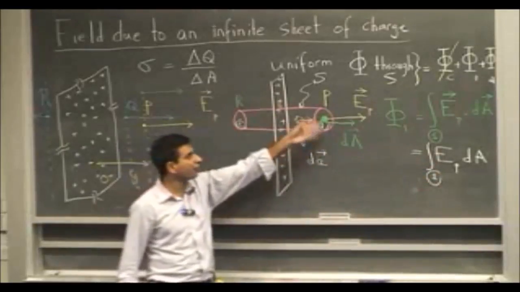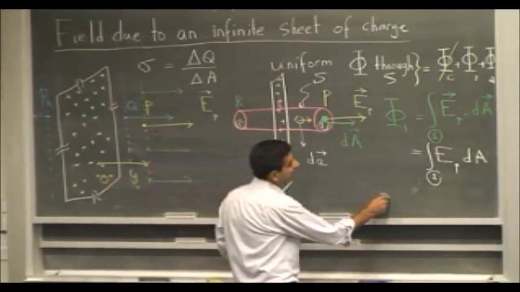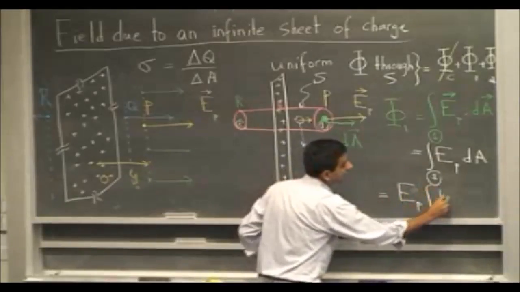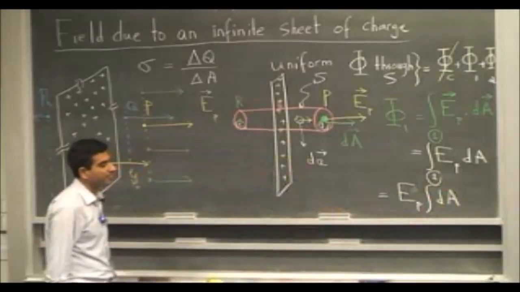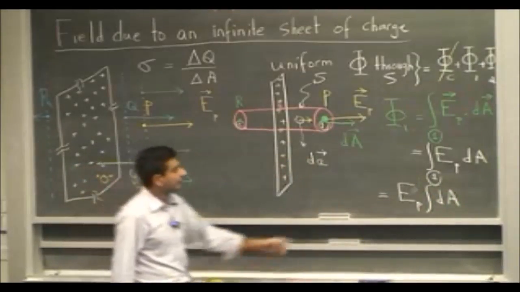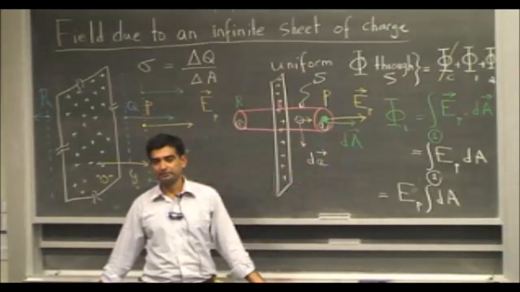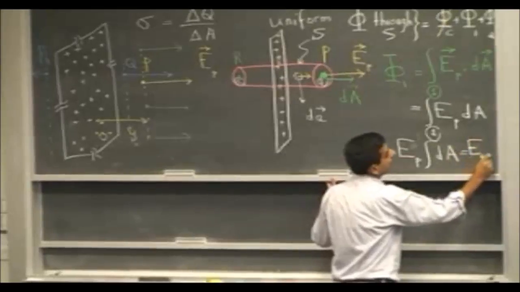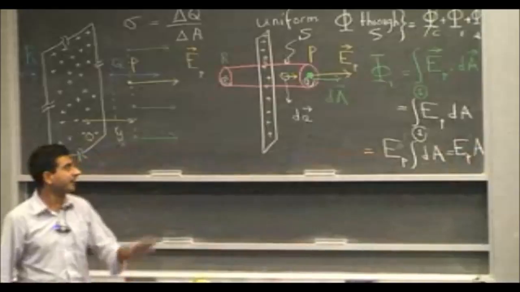Yes, it is, because all such points are at the same distance. So I can take the electric field outside the integral, and the integral of the area is just the area of the end cap. Let's call this area A, capital A. So this turns out to be EP times A.